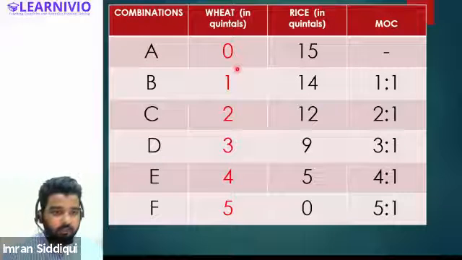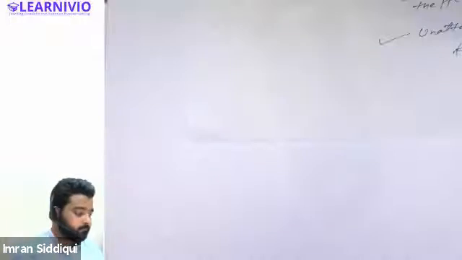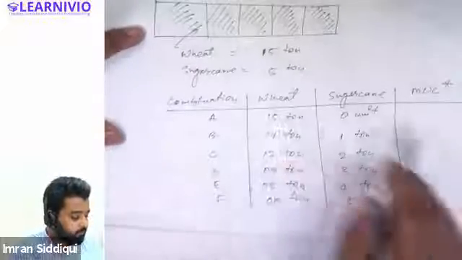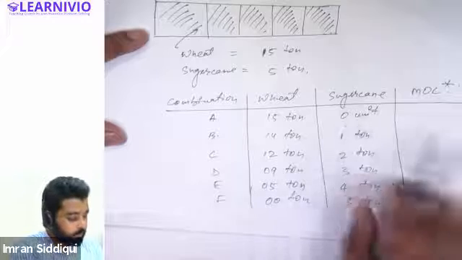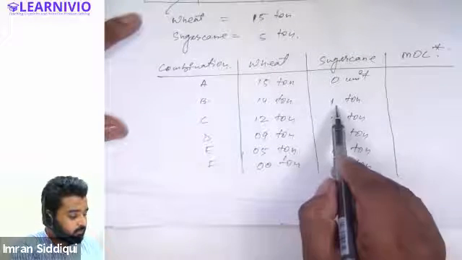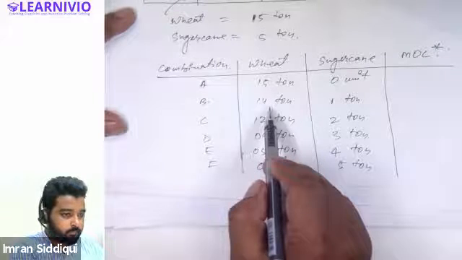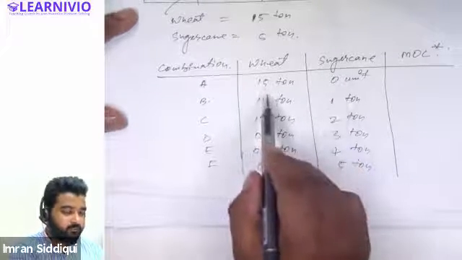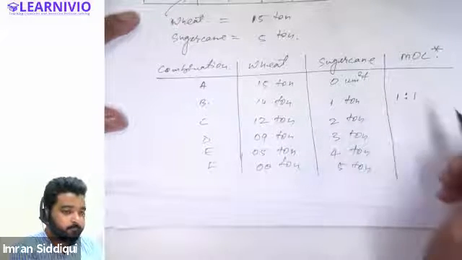Give me a minute. I'll explain this point on the notebook. See, we have taken this example earlier where the producer is producing wheat and sugarcane. Initially he was producing 15 tons of wheat and 0 tons of sugarcane. Now he wants to increase the production of sugarcane by 1 unit. Then how many units of wheat is he sacrificing? 1 ton. So 1 is sacrificed for increasing 1.